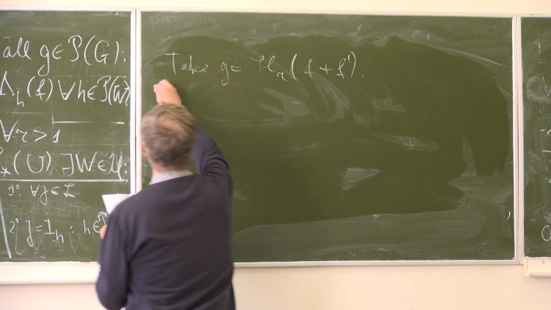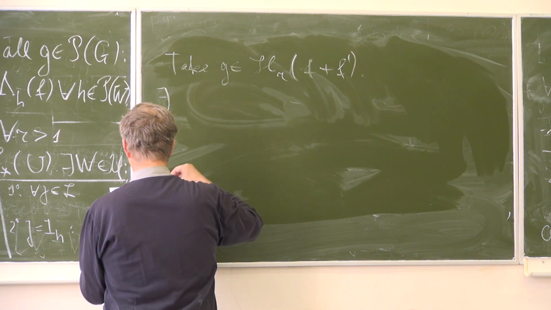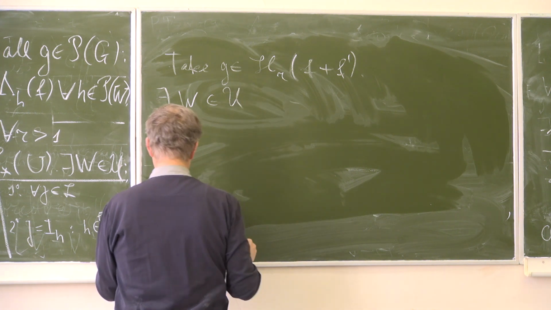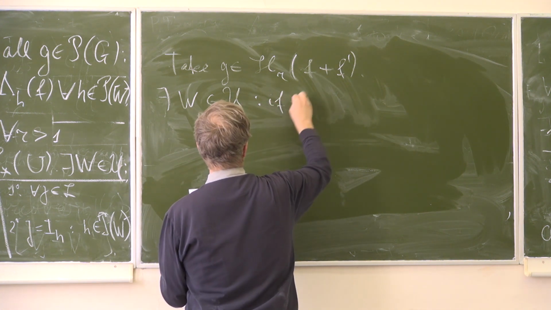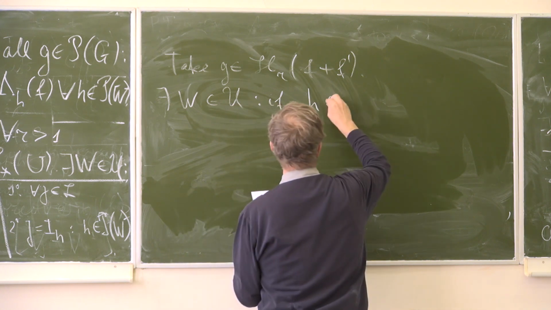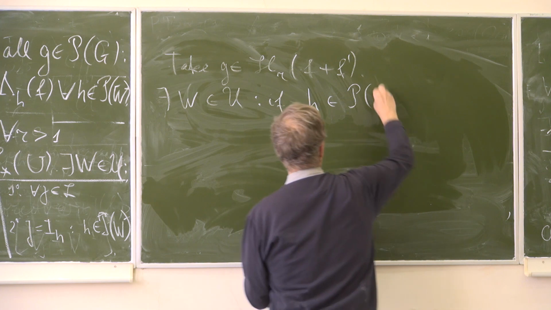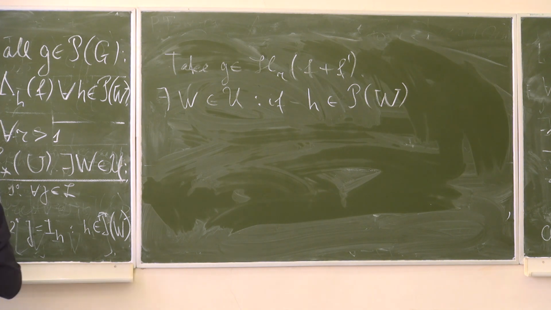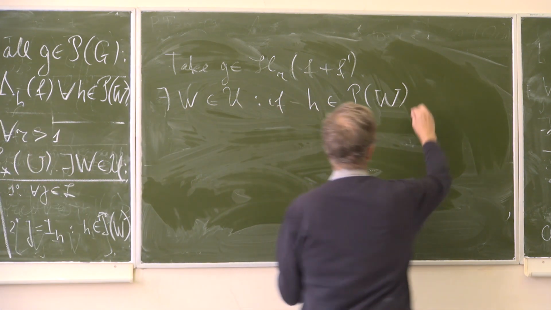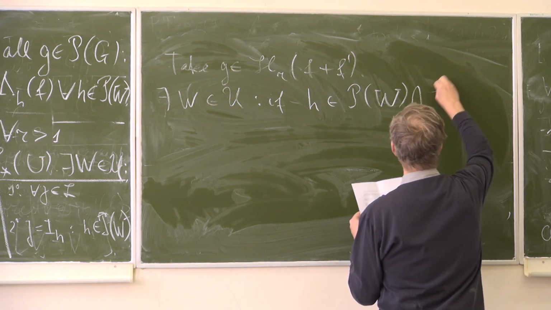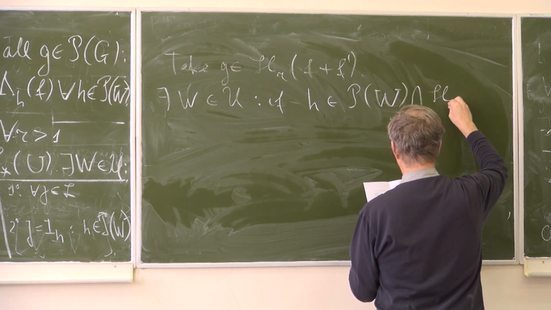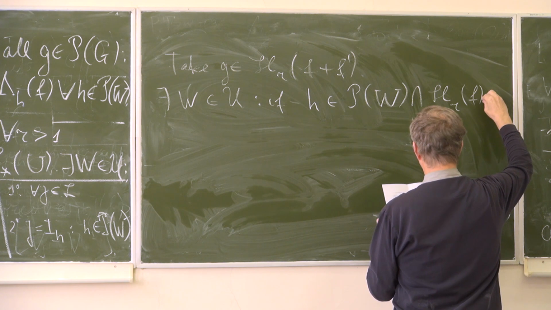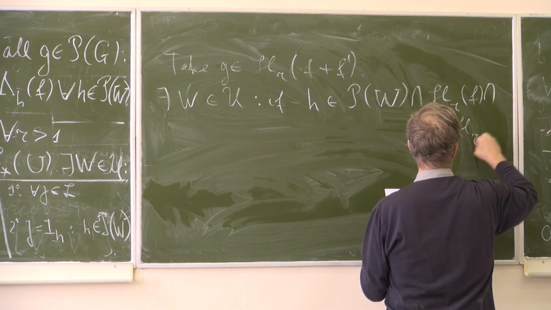Then there exists a neighborhood W of unity, so that if H is in P of W, and I also must further restrict the range of this H. So I want to ensure that this H be in H_R of F and also in H_R of F prime.